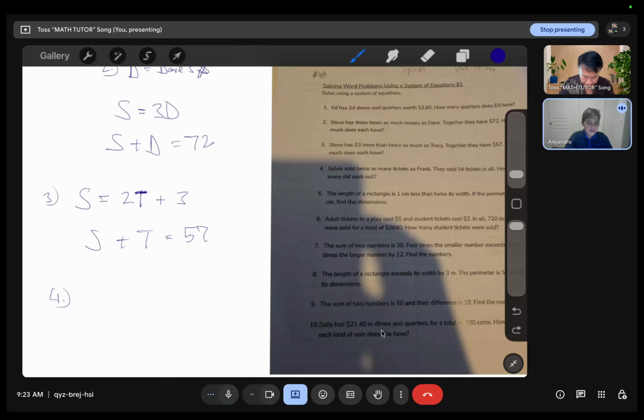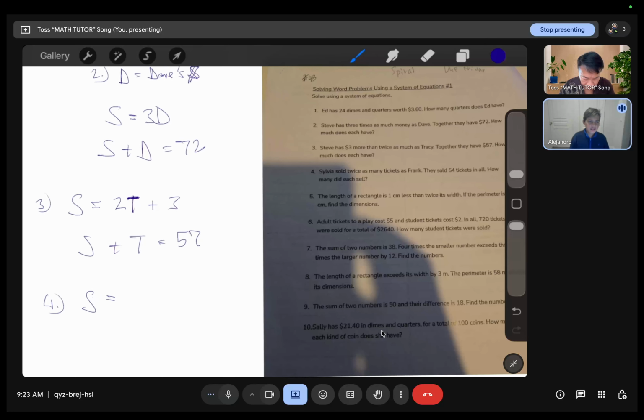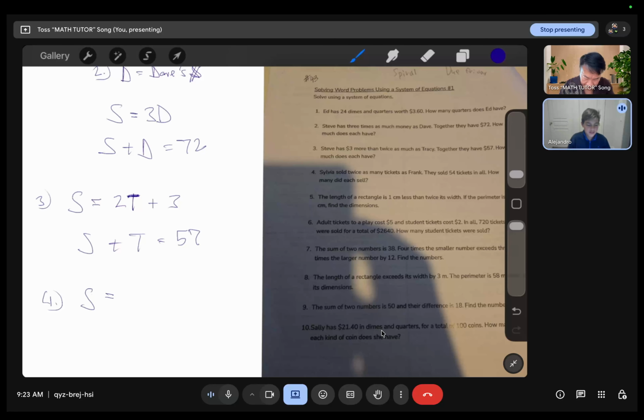Would it be S equals 2F? Yeah, that's it. Perfect. Then the other one, just like the other problems, it will be S plus F. They imply it together equals 54.